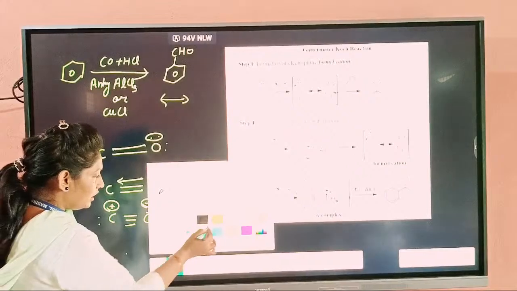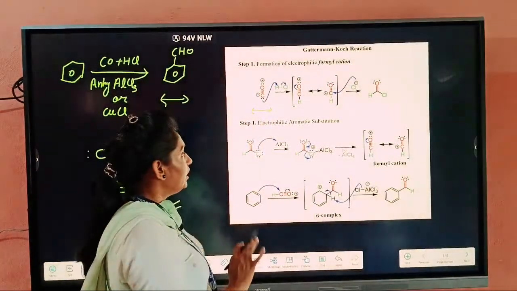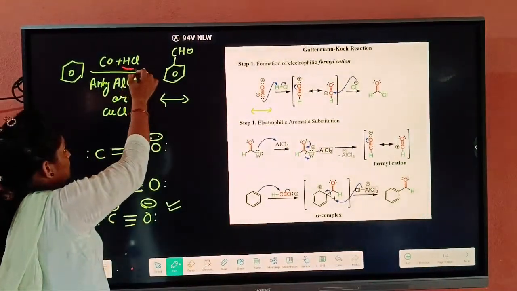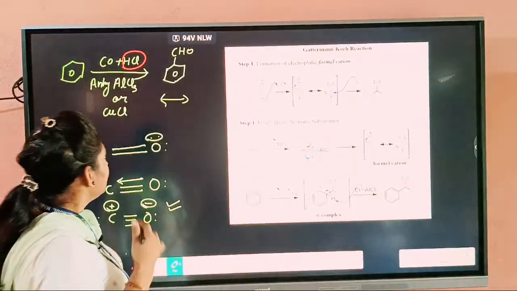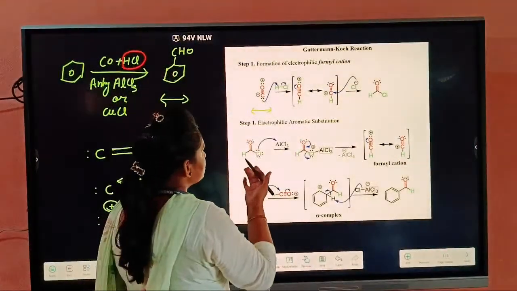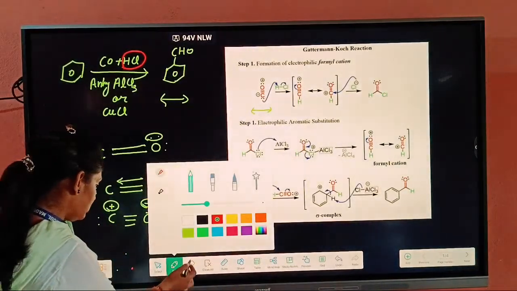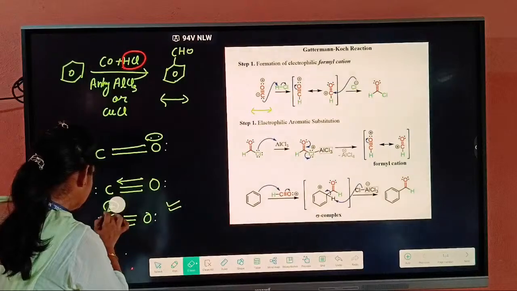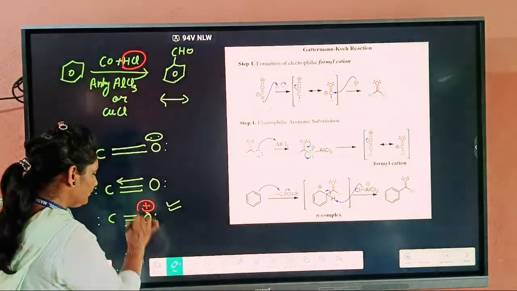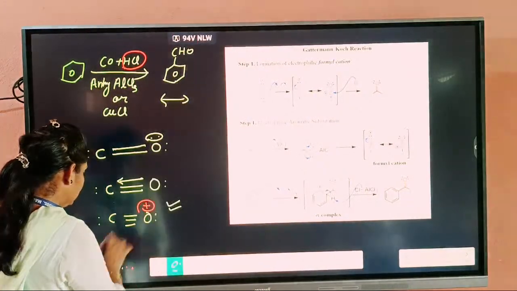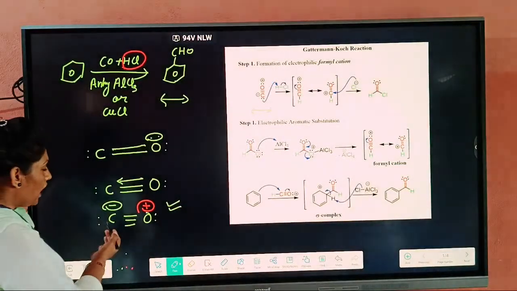So students, this will be the final structure for carbon monoxide. We are doing the reaction in presence of HCl, hydrochloric acid. Sorry students, here oxygen is giving the electron, right? So the positive charge will come on the oxygen and carbon is taking the electron, so the negative charge will go on the carbon.